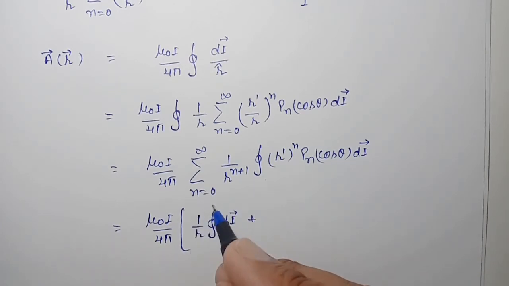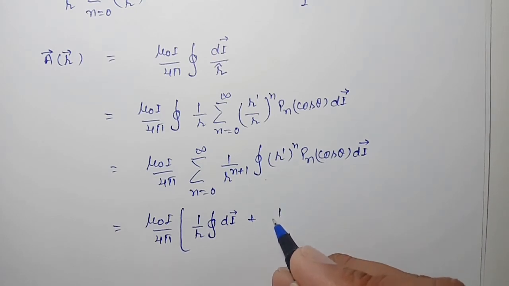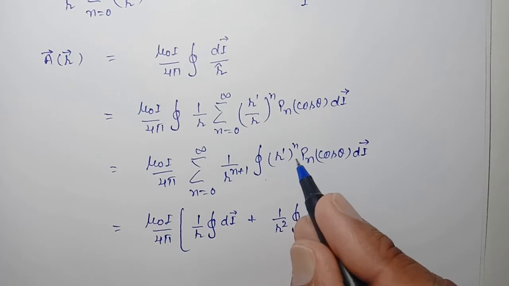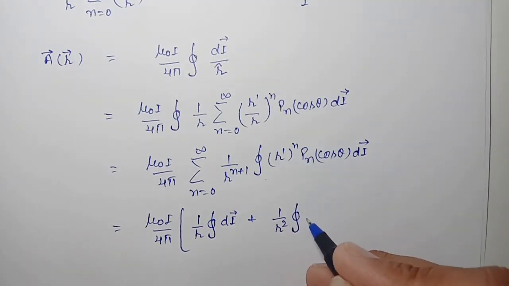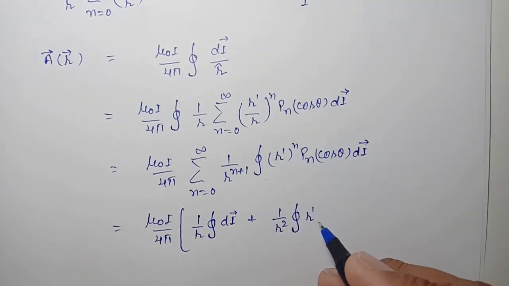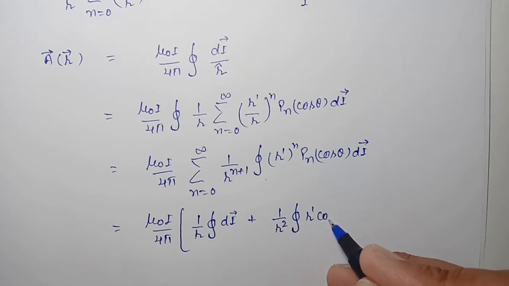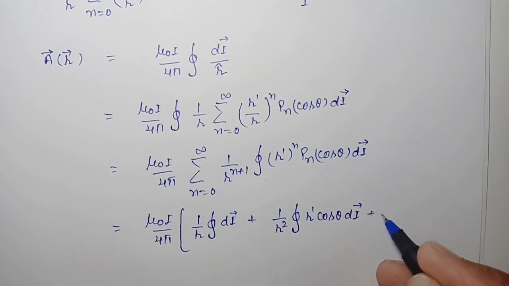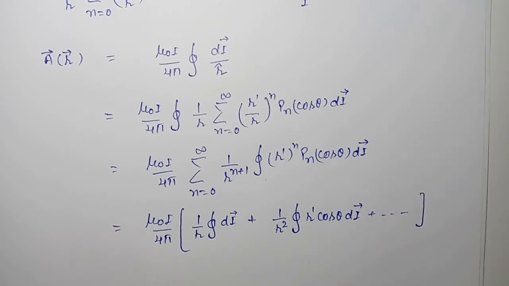Plus, when n equals 1, we can write 1 over r squared, and here, because n equals 1, r dash cos theta dl, and so on. Similarly, we can substitute n equals 2, 3, 4 and so on.